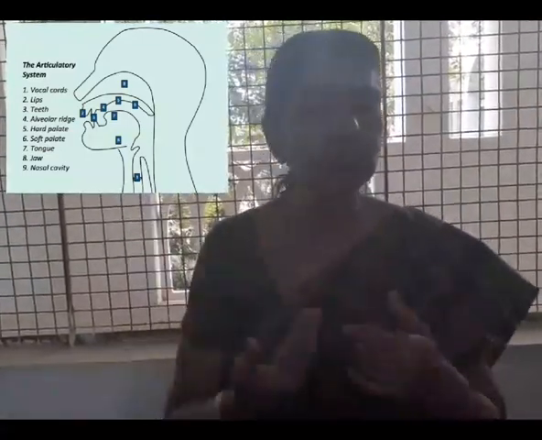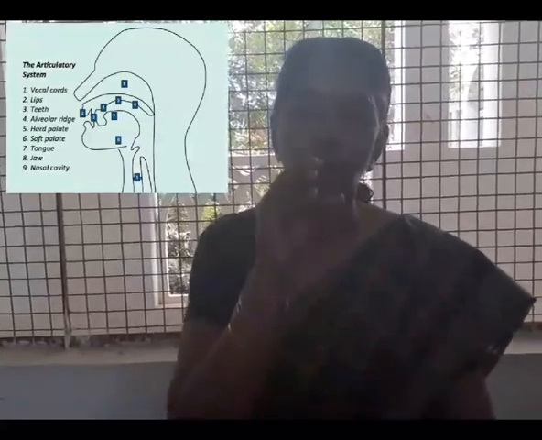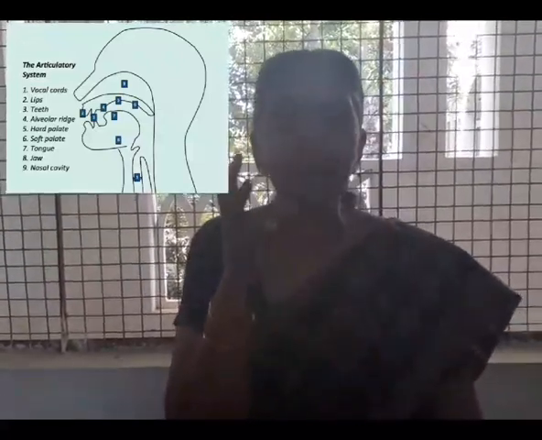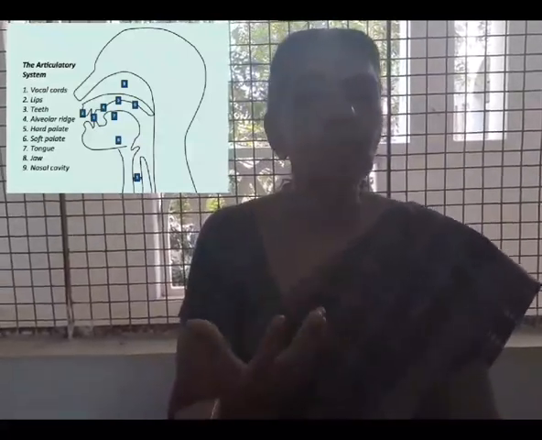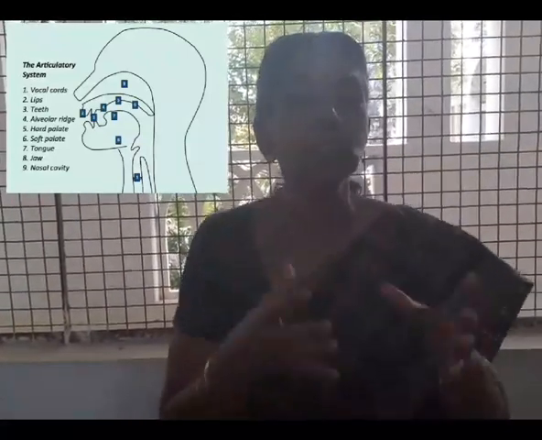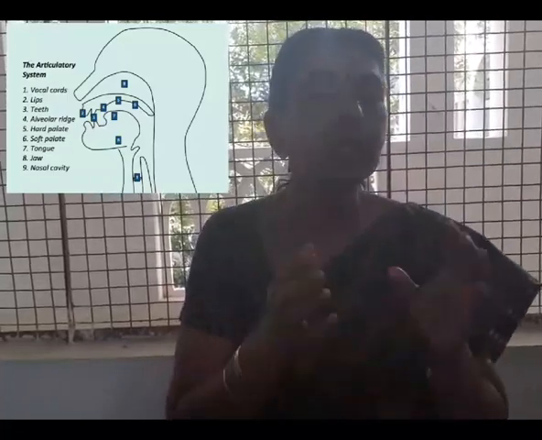Immediately after the teeth ridge, the roof of the mouth becomes concave and it is hard and bony. It is called the hard palate. The roof then becomes soft and fleshy. It is called the soft palate, or velum.